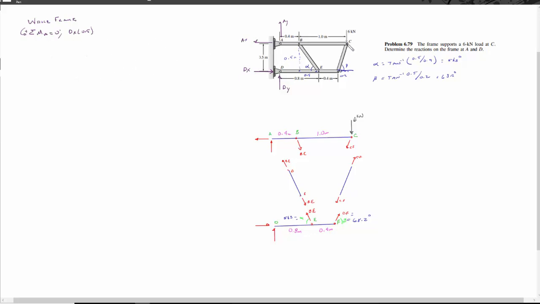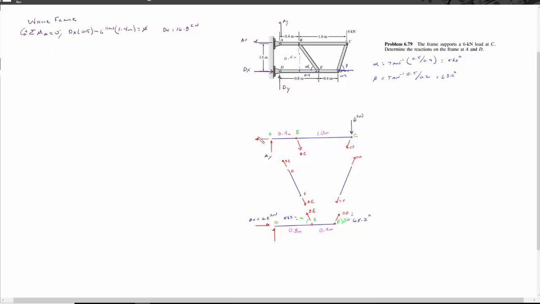And then we're going to have minus 6 kilonewtons times the distance, which is this whole distance up here, which would be 1.4 meters. Now that's going to equal 16.8 kilonewtons. So we know that DX here is 16.8 kilonewtons.